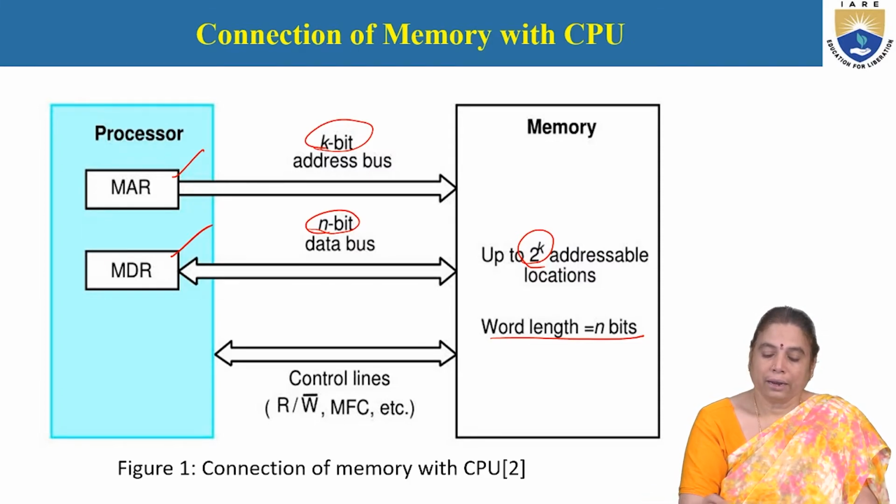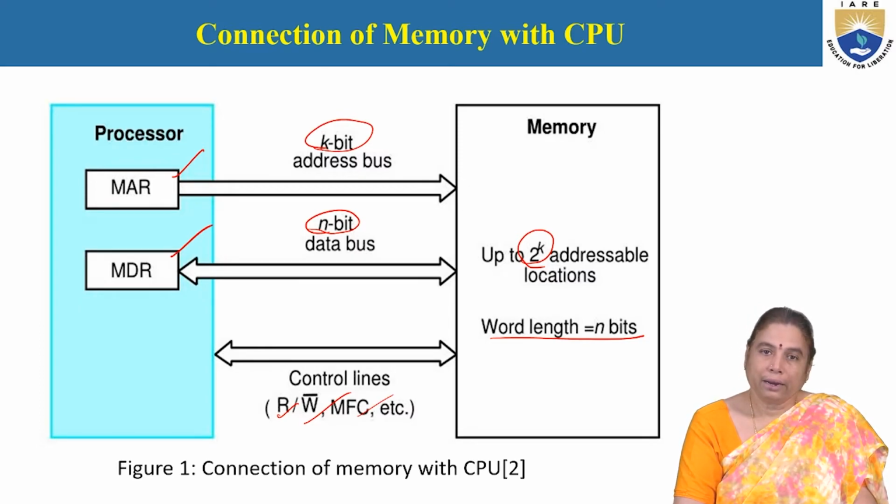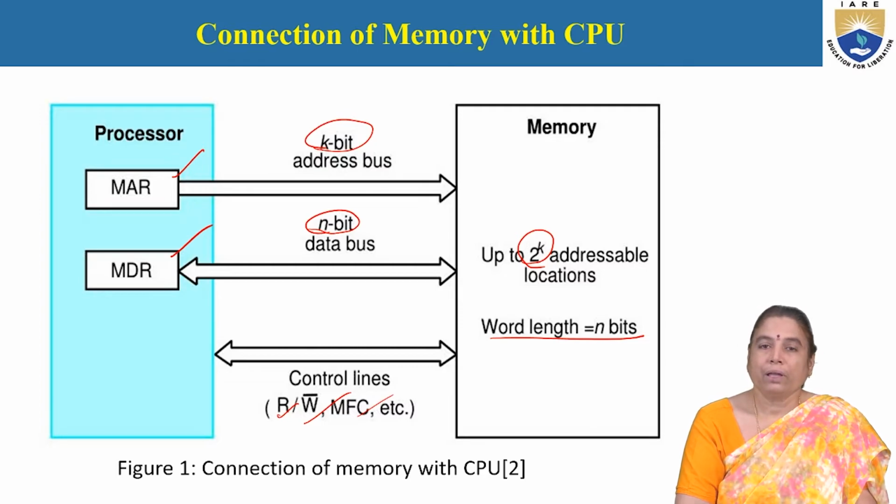So here the read operation, write operation, memory function complete. These are the control signals transmitted between processor and memory to indicate the read operation and write operation, and whether the memory function, the read or write, is complete can be acknowledged with the help of the MFC control signal.